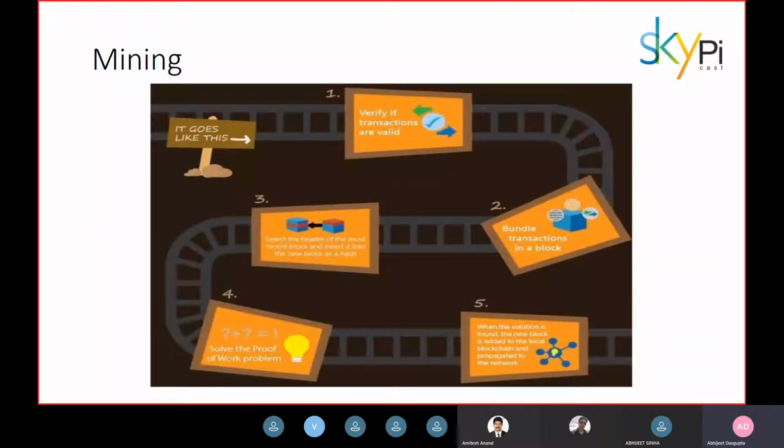But whether this particular block will be part of the existing blockchain or not is decided after the next step, where the proof of work problem is solved. Once the solution is found, the new block is added to the local blockchain and propagated to the entire network. And the entire network agrees that this particular block is part of the existing blockchain once this entire mining process and validation of the transactions has been done.